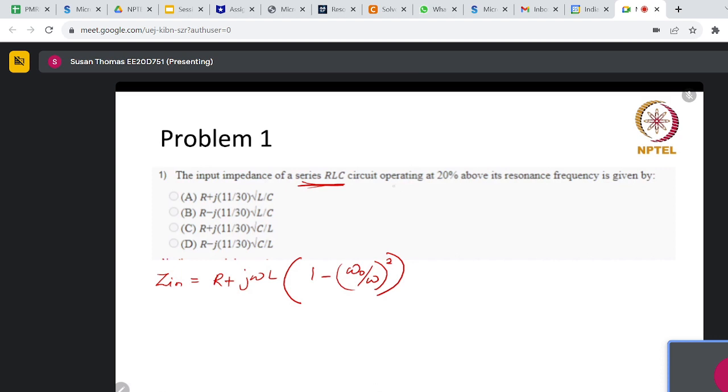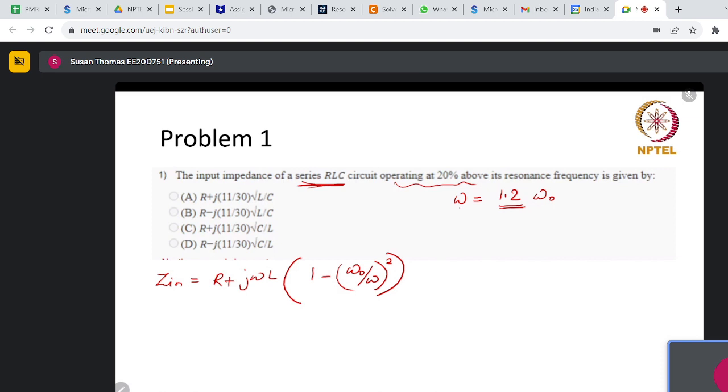Here we have a relation between them. Can somebody tell me how we write it? The operating frequency is 20% above the resonant frequency. Madam, 20 plus 100 divided by 100. Yes, right. So it is 1.2 omega naught.